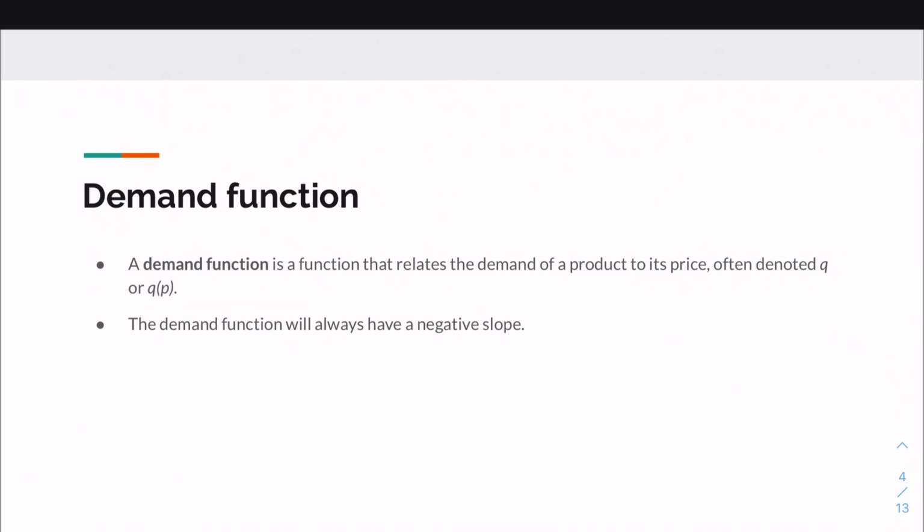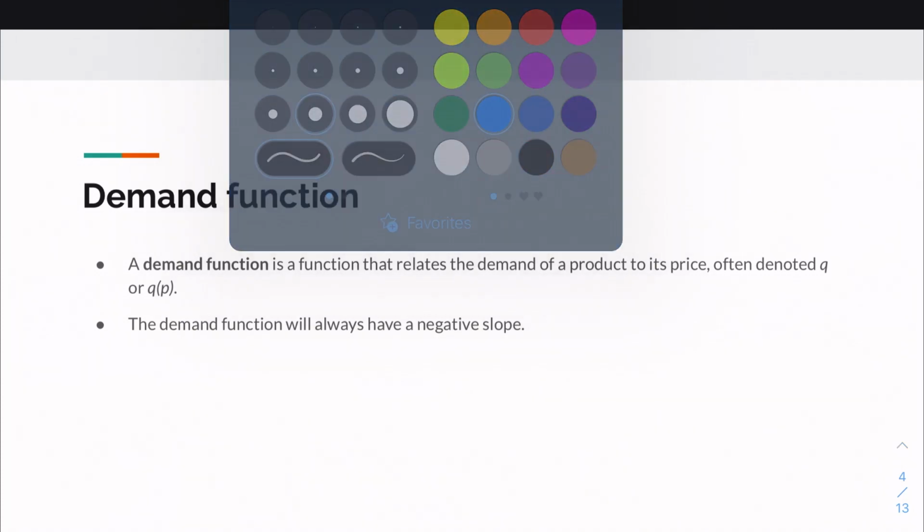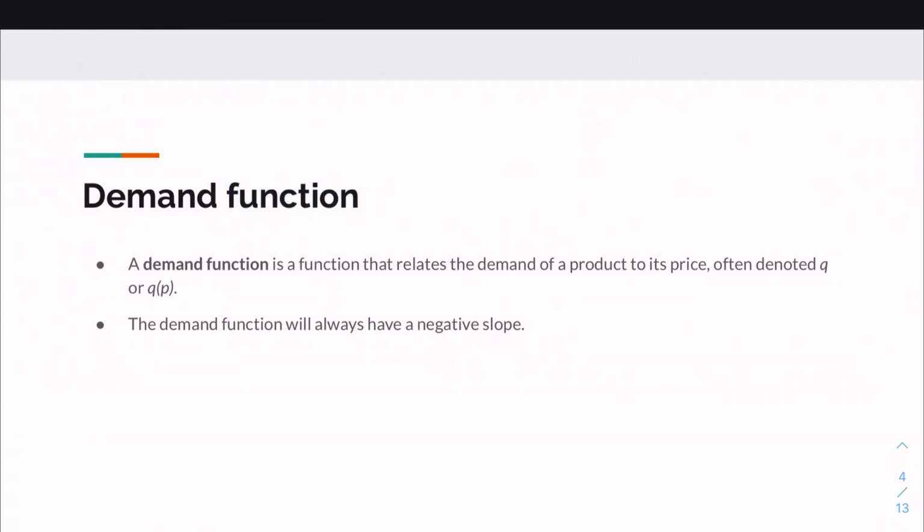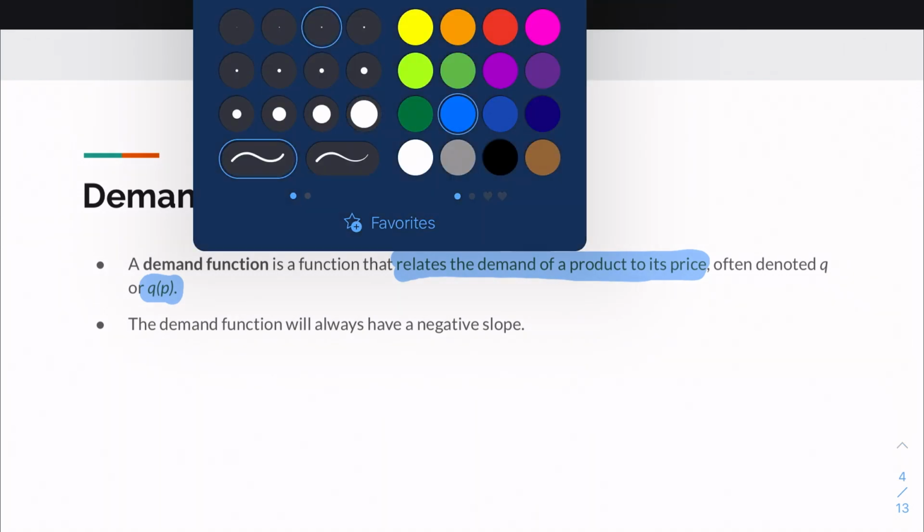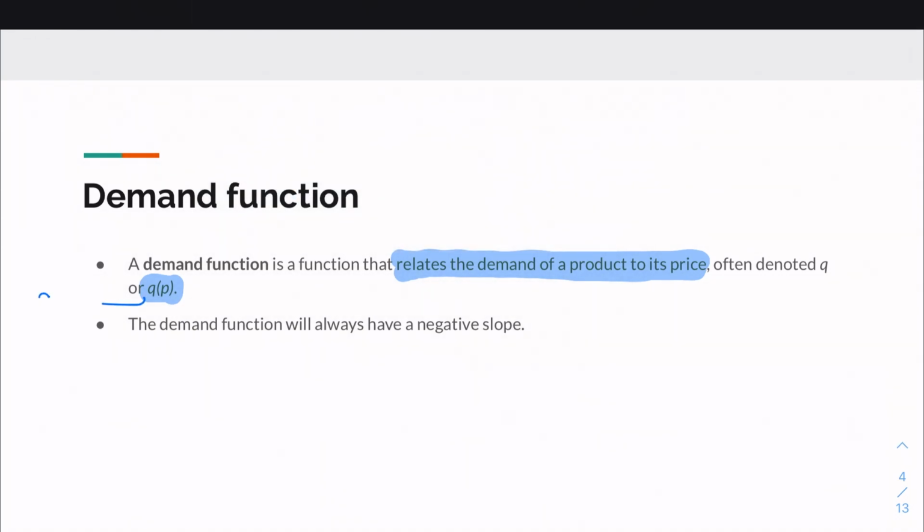So if we're going to talk about modeling, we need to talk about functions, right? A demand function is simply talking about a relationship between the demand of a product and its price. And we usually use Q, or this notation Q of P. This should remind you somewhat of f of x from algebra.